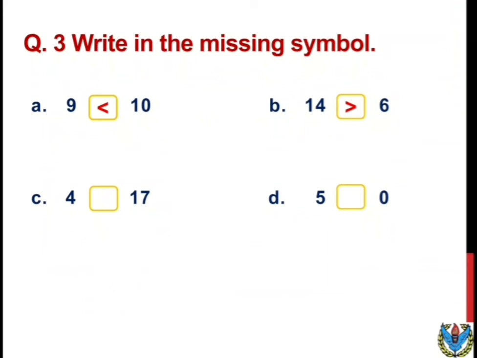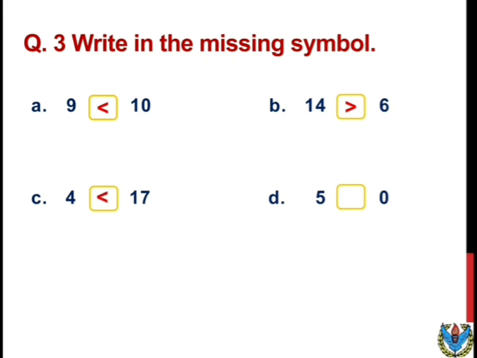Look at part C. The numbers are 4 and 17. 4 belongs to 1's column and 17 belongs to 10's column. So which number is the bigger number? 17 is the bigger number and 4 is the smaller number. We will write it as 4 is less than 17.